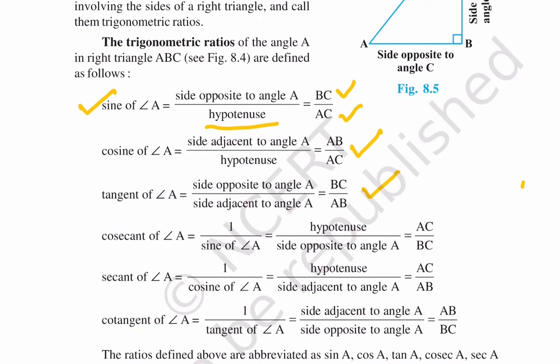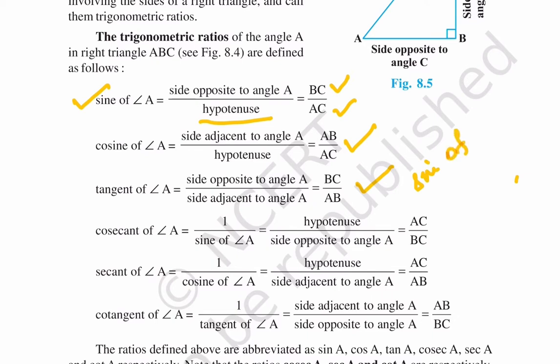Generally we write sine of angle A as sin A. So this and this are the same, right? Further, cosec A is the inverse of sin A, sec A is equal to 1 by cosine A, and cot A is equal to 1 by tan A.